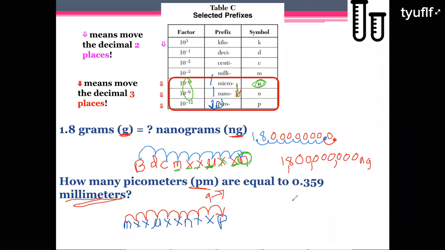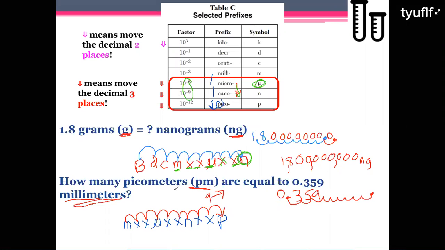So our original number was 0.359. We're going from millimeters, right? And now we're trying to get to picometers. So we're going to the right, so our number should actually get bigger. So we're going to go 1, 2, 3, 4, 5, 6, 7, 8, 9.